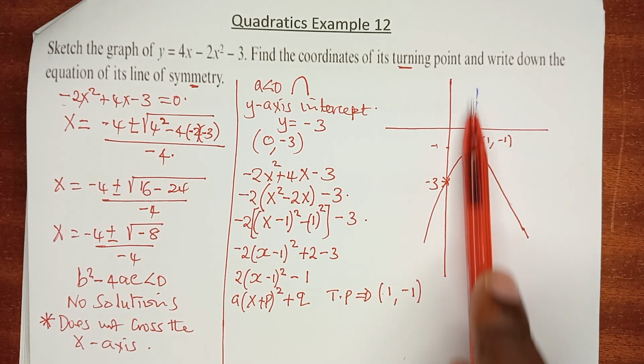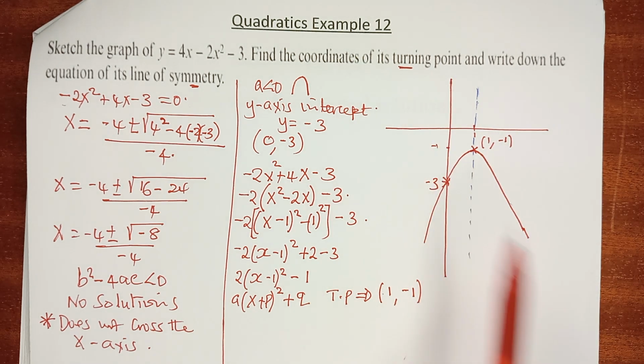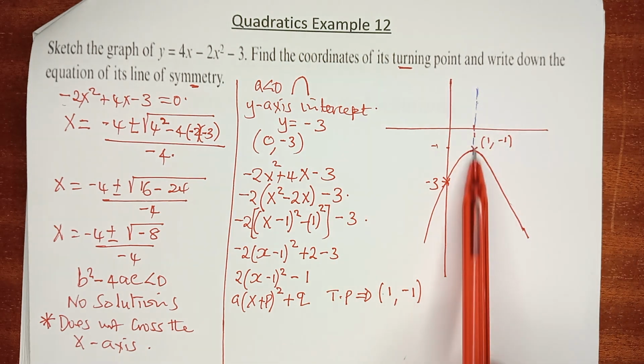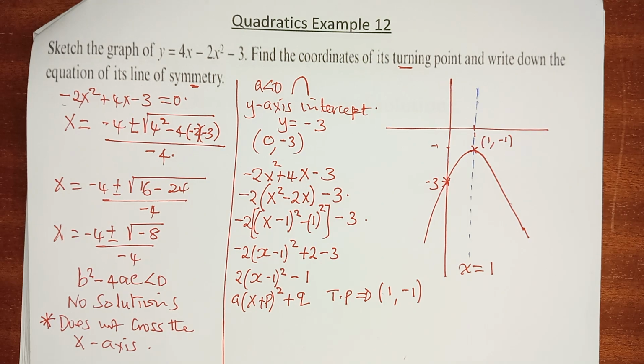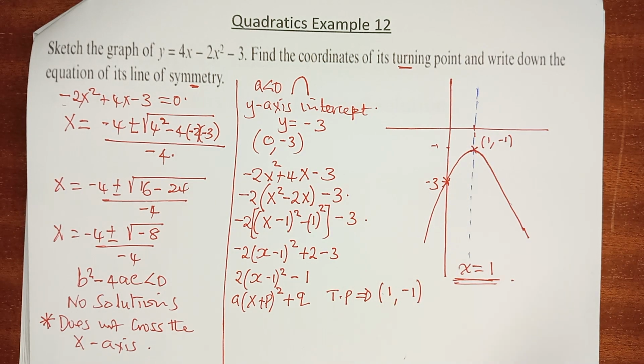The line is perpendicular to the x-axis, parallel to the y-axis, and along this line x equals 1. So the line of symmetry is x equals 1, which matches the x coordinate of the turning point.